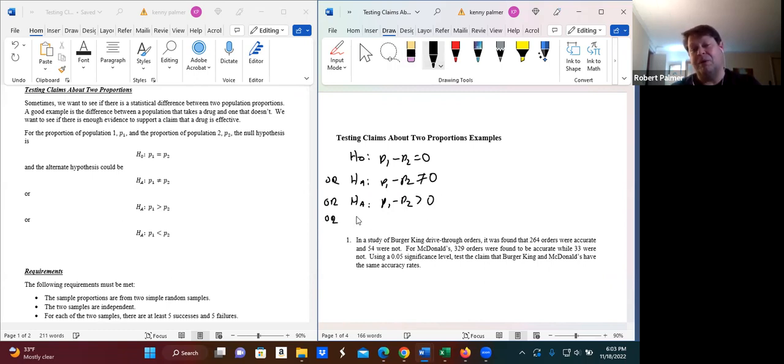Or for the last one, P1 minus P2 is less than 0. StatCrunch also lists them this way. So just realize those are exactly the same.